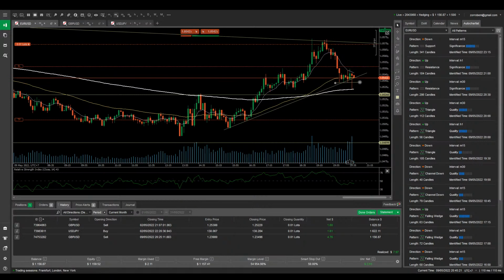Okay, so far we're in a consolidation. So what we're waiting for is either to break this or to break downwards to continue.